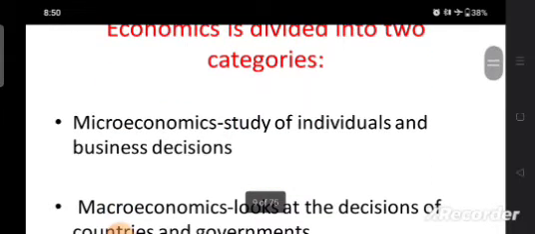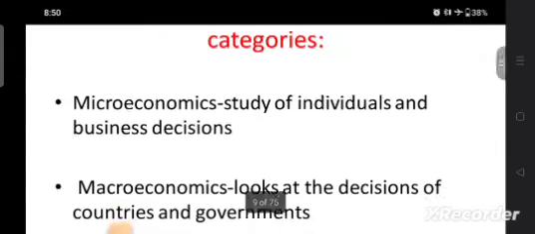Economics has been divided into categories: macroeconomics and microeconomics. Micro means small, and it looks at the smaller picture of the company. It is the study of the behavior of small economic units, of individuals and business decisions.